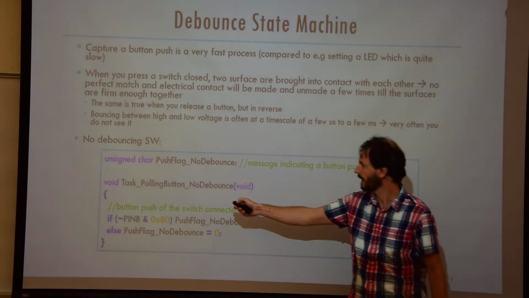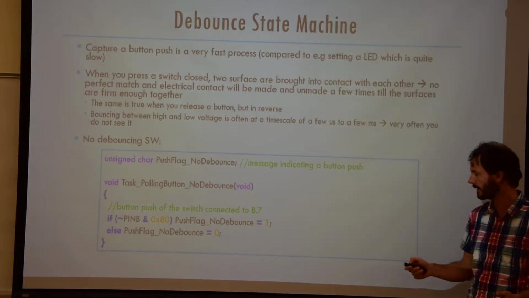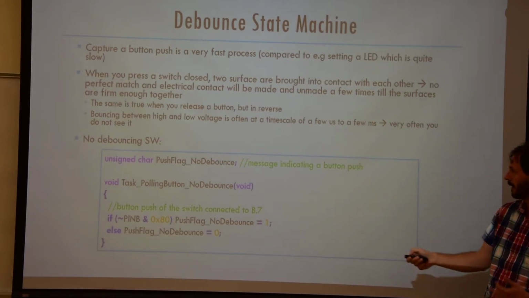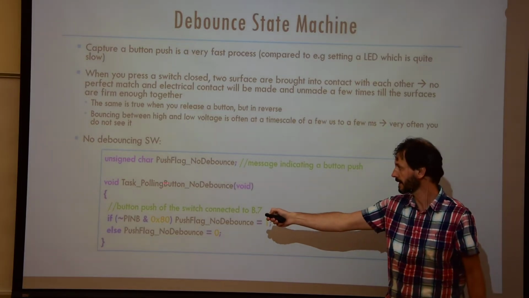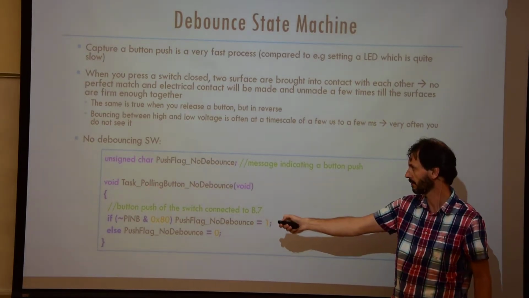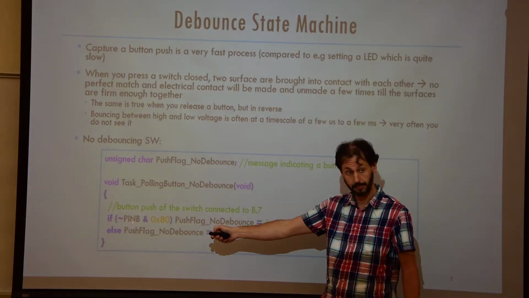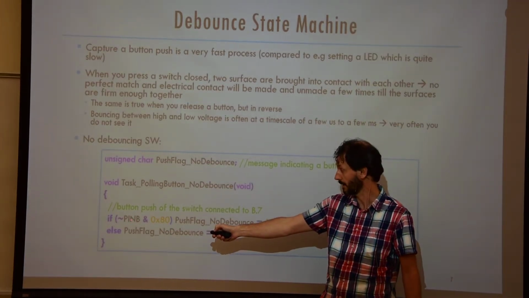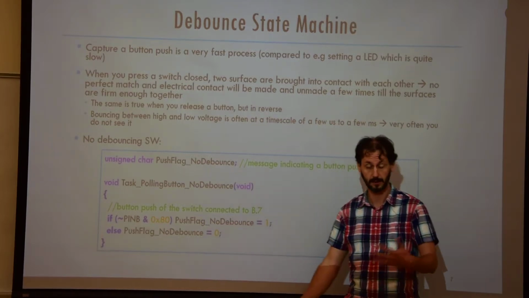So say we create a variable, push flag no debounce, meaning that we do not implement debouncing at all, and we want to just record in this variable whether I have a button push or not. Well, I have this particular task that I'm creating, which is effectively looking at this pin B register, and let's interpret this.